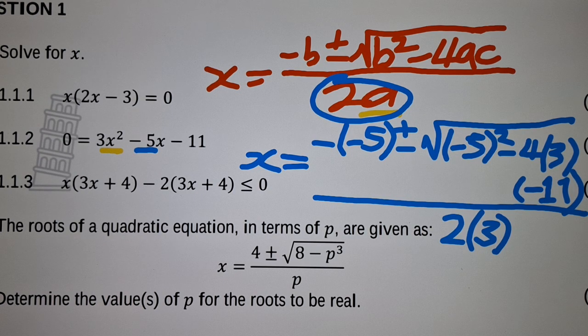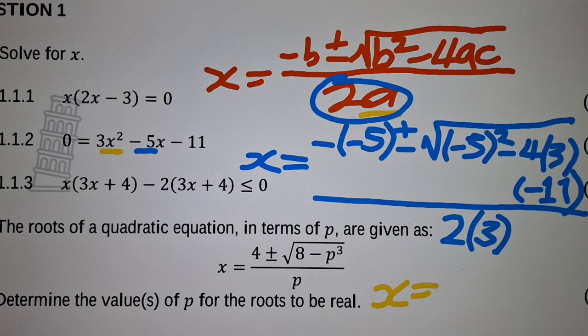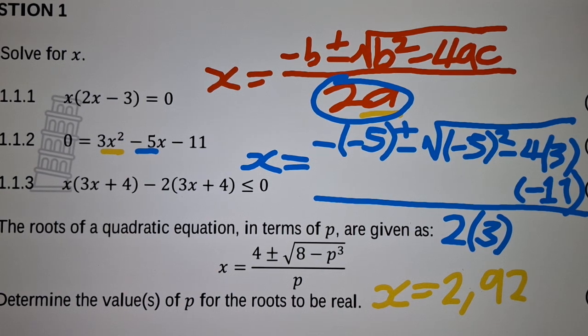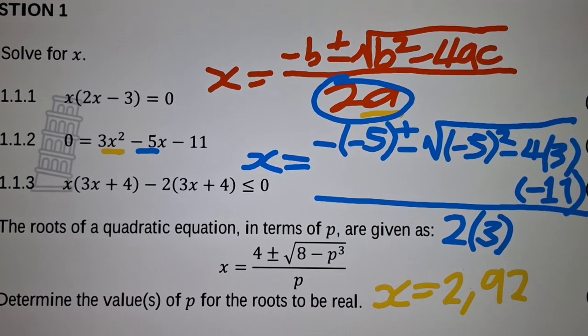Okay, when I put the positive sign, let me write down the first answer that we're going to get. I put it in the form of a decimal. The first answer is going to be x is equal to 2,92. This is when I round it off to 2 decimal places.